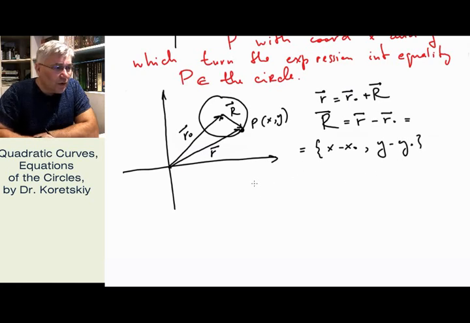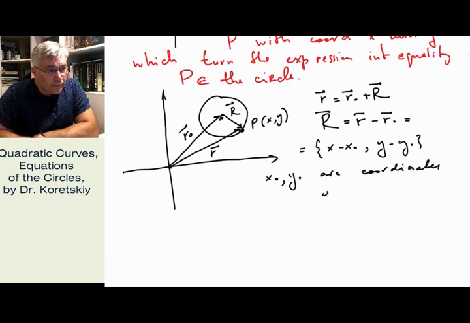I didn't mention it, but I denoted x0 and y0, they are the coordinates of the center point of the circle.